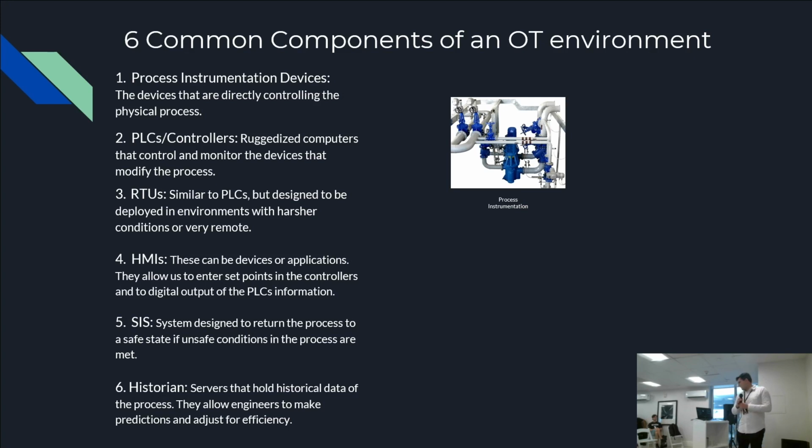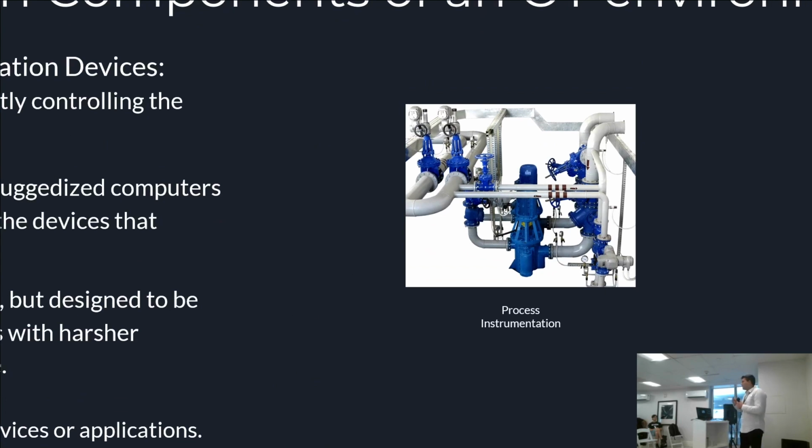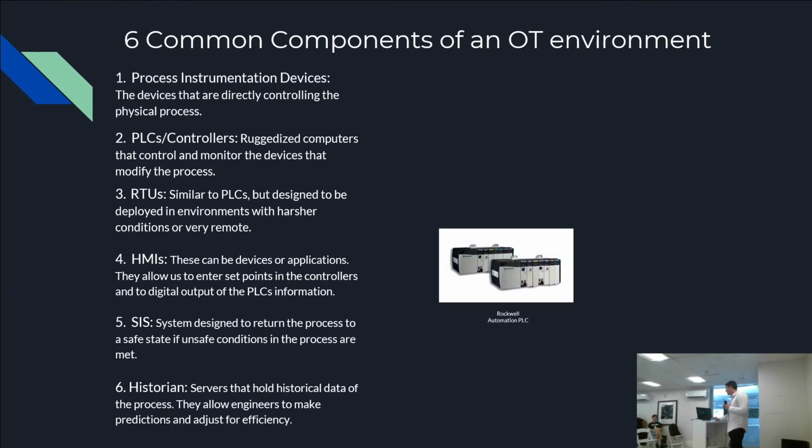In this example, it's a little bit too small, but these are a couple of valves. Essentially, it's what's connected to the physical process. After that, we have the controllers. You can think of these as ruggedized computers connected to the physical devices, and they allow us to modify the state of the instrumentation devices.